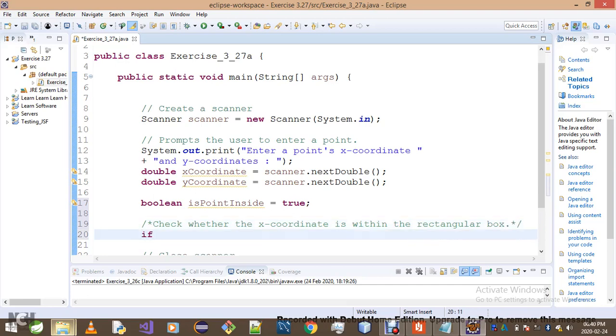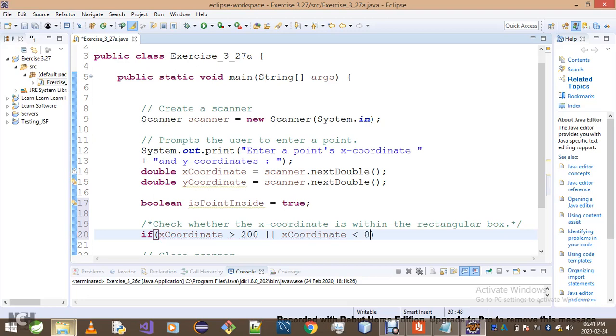I'll simply do that by going if. I already wrote if. Why am I doing it for the second time? I'll simply go if x coordinate is greater than 200 or x coordinate is less than 0.